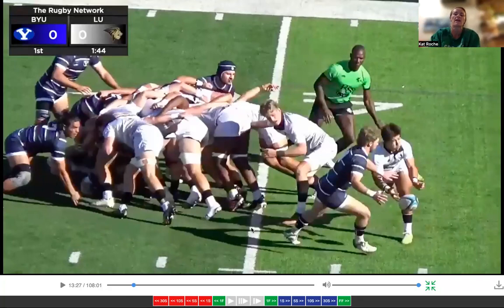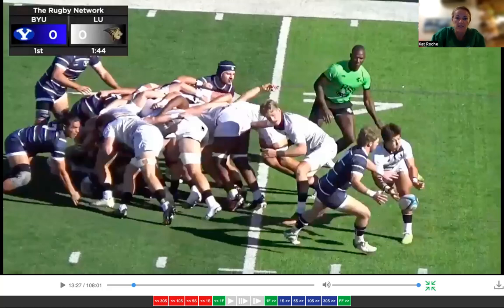So if you think of it as a compass, if you're going north-south in the scrum, everything is fine if you start that way. So sometimes you start north-south and then it might twist off. But if the first movement is north-south, we're all good. When you have something that you want to penalize is usually when the scrum goes either like on a wheel or if it's going across.